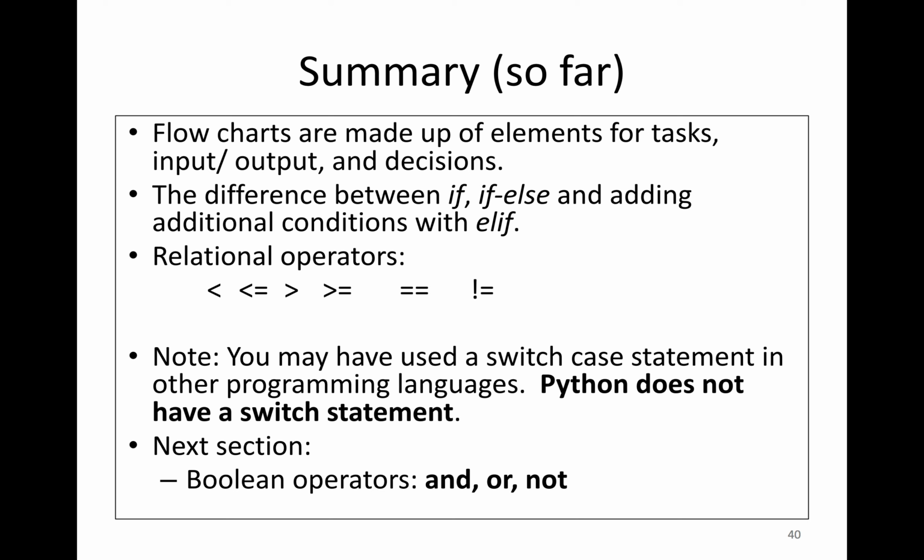So the summary so far: flowcharts are made up of elements for tasks, input, output and decisions. The difference between if else and adding additional conditions with elif. The relational operators: less than or equal, greater than or equal, double equal and not equal.